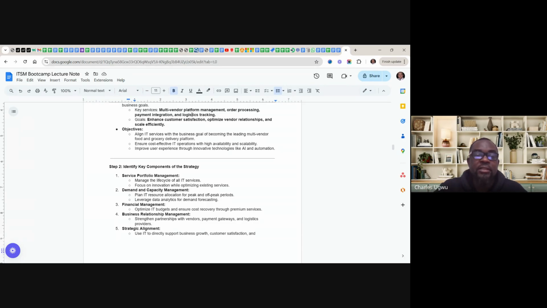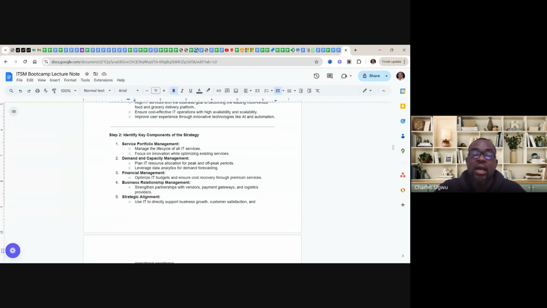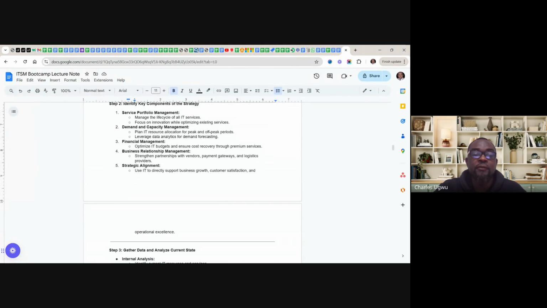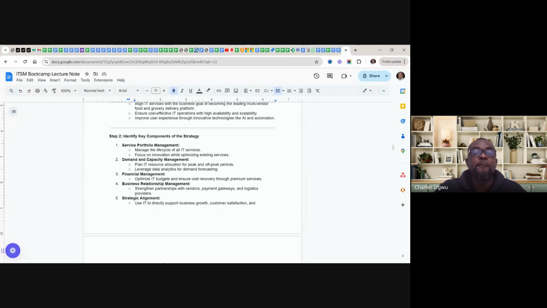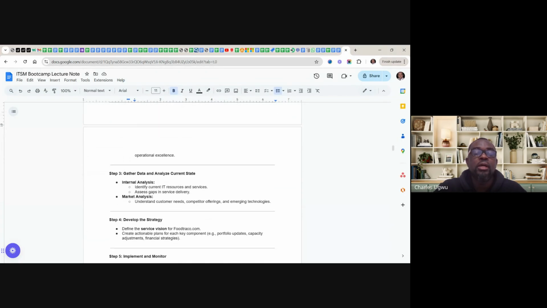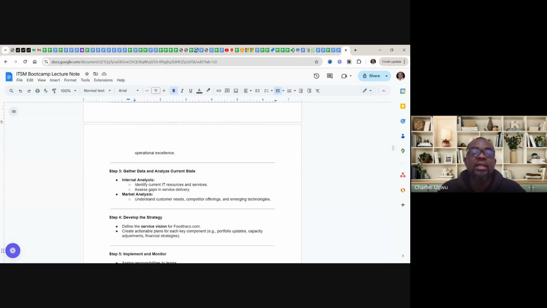Strategic alignment: use IT to directly support business growth, customer satisfaction, and operational excellence. And this is number 2, trying to identify the components we need. Number 3, gather data and analyze current state.